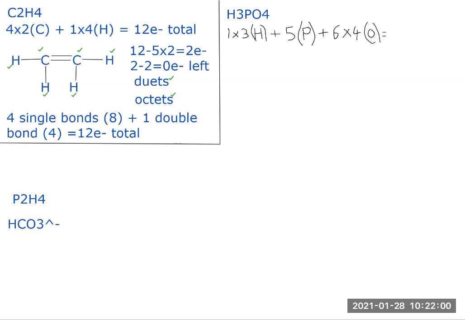So let's count how many valence electrons. That's 4 times 6, 24, plus 5 from the phosphorus, plus 3 from the hydrogens, and that's a total of 32 electrons.